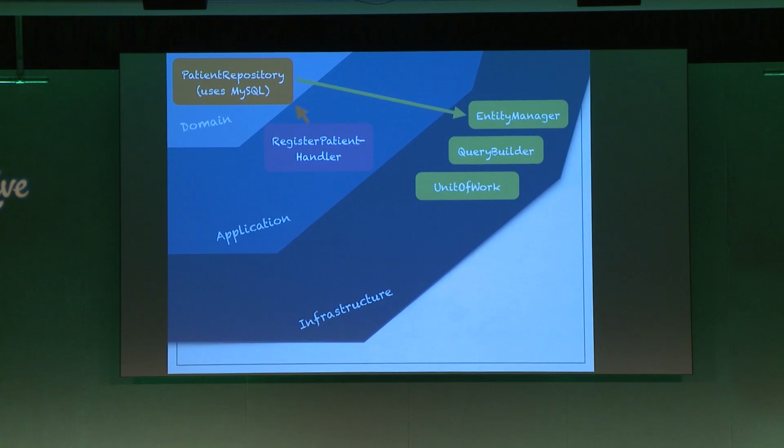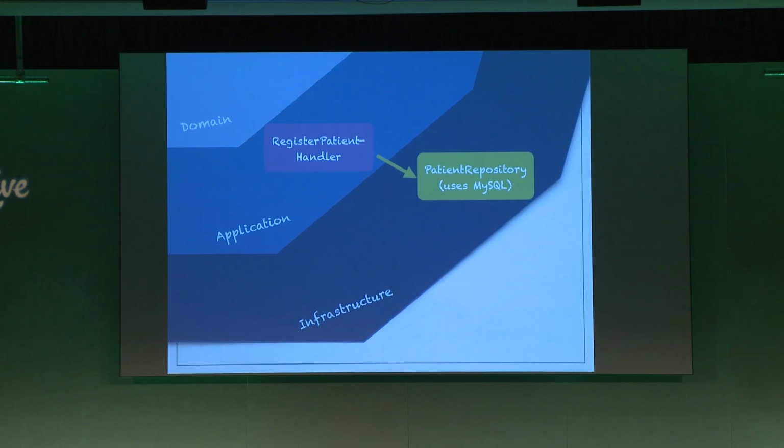So it shouldn't be bothered by sending SQL queries to a database. It shouldn't be bothered by sending emails or anything that has to do with something that's going on in the real world. So we have to redraw this a bit and move the patient repository to the infrastructure layer, where it should actually be placed in the first place, because it uses MySQL.